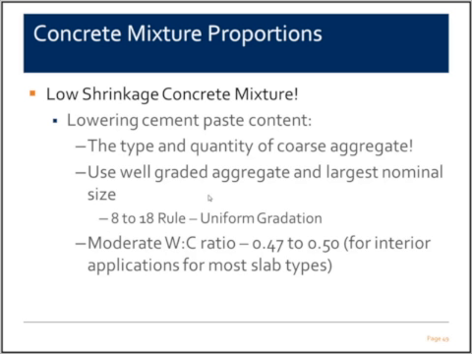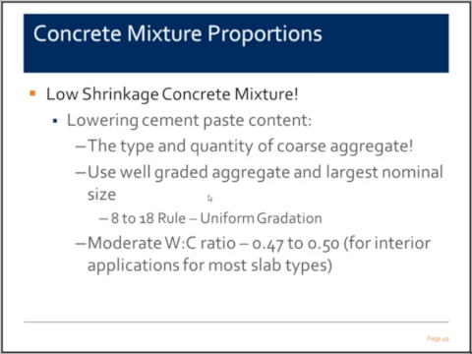We also want to use a moderate water to cement ratio. I typically recommend a water cement ratio between 0.47 and 0.5 for interior applications. Depending on the use of the slab and the exposure of the slab, I may change these values, but typically for interior concrete, I recommend between 0.47 and 0.5.